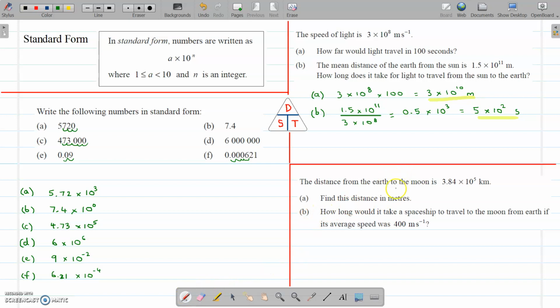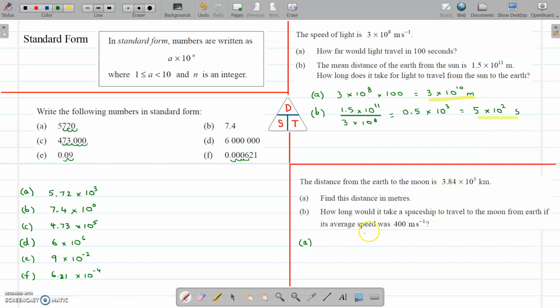Right, on to this question about the distance from the Earth to the Moon. And we've got to find the distance first of all in meters. Well, you've just got to recognize, hopefully, that there are 1,000 meters in a kilometer. So for every one of those kilometers there's 1,000 meters.